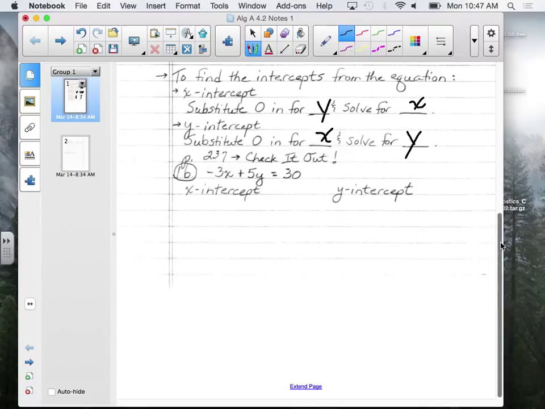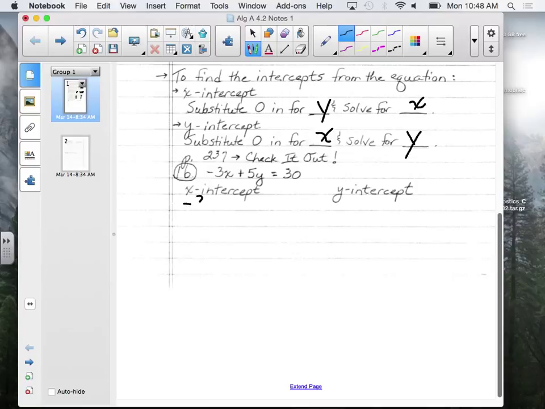So on page 237, check it out 1b, that is the equation we're given, negative 3x plus 5y equals 30. So for the first thing, we're solving for the x-intercept, right? So to find that, we just do what we are told up there, substitute 0 in for y and solve for x.